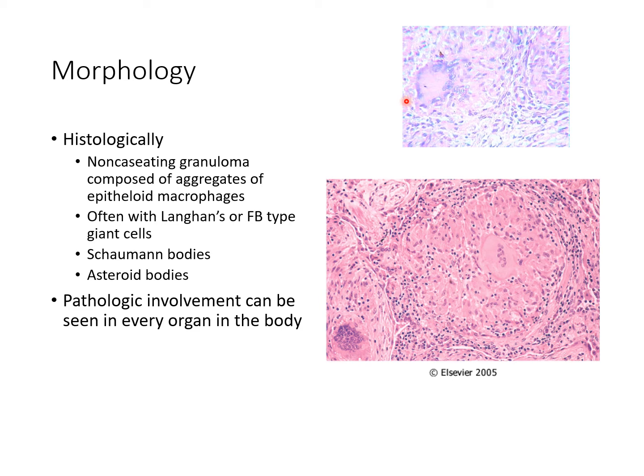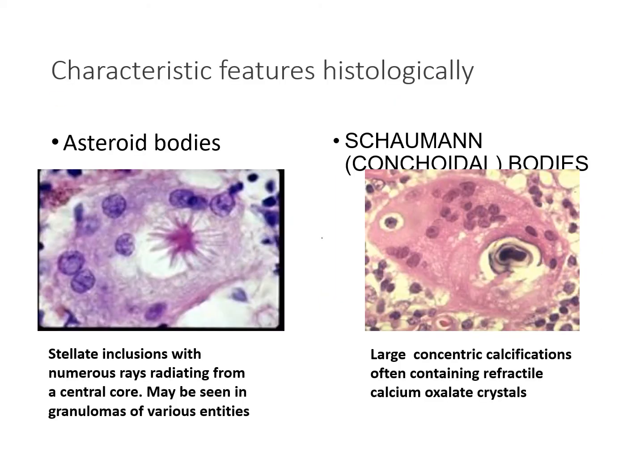The pathologic involvement can be seen in every organ in the body, but the lung is the primary target. This is a picture of the asteroid body, which can be seen in sarcoidosis. And this is Schaumann bodies, which are concentric calcifications.